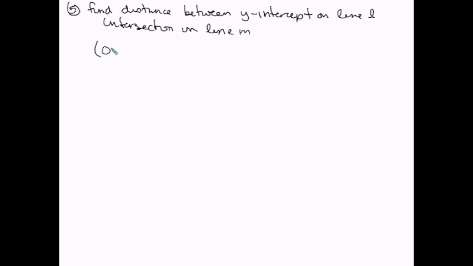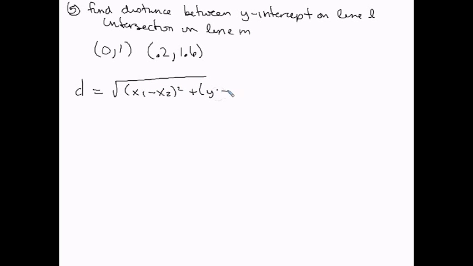My 2 points were (0, 1) and (0.2, 1.6). So I have to use the distance formula. So I have 0 minus 0.2 squared plus 1 minus 1.6 squared.